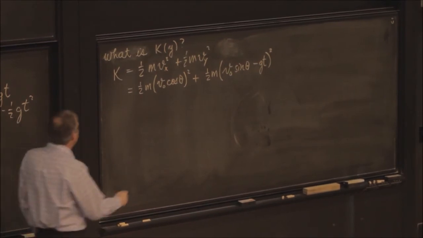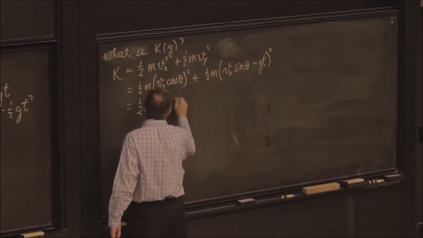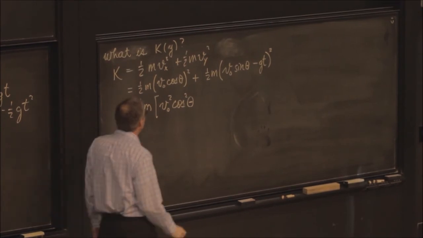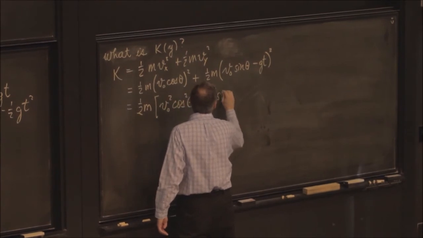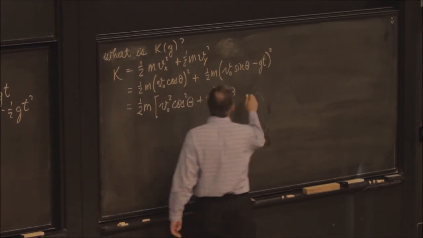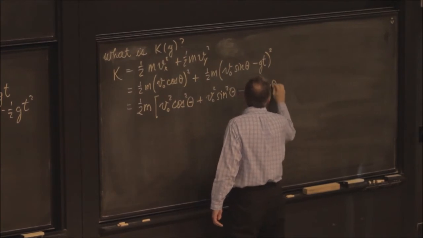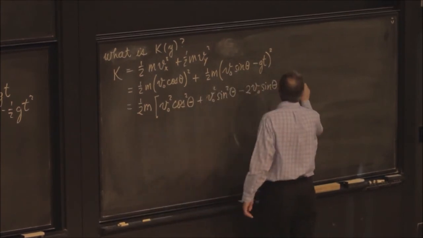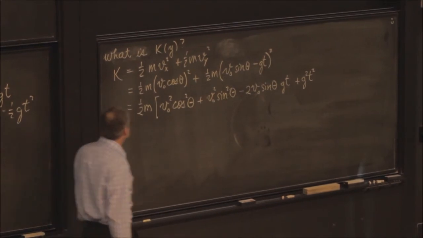Well, at least I have a common 1/2 m, so I'm going to pull that out. 1/2 m [v naught squared cosine squared theta. And now we have to multiply this one out, plus v naught squared sine squared theta. Cross term is going to be minus 2 v naught sine theta gt, and then plus g squared t squared, excuse me. And close bracket.